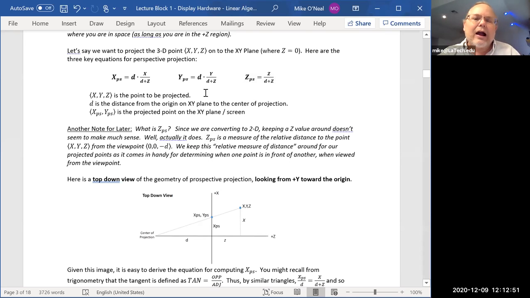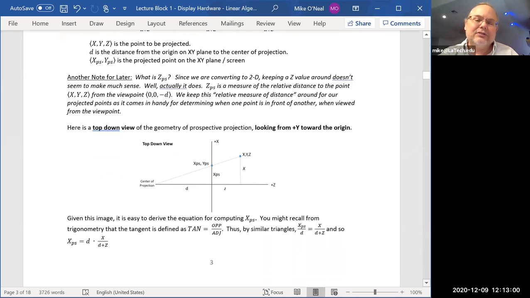So where do these formulas come from? Did they just come from the air? No, they come from these drawings and the definition of tangent. What's a tangent? If you think about our center of projection, we have right triangles here, okay? Where this is the hypotenuse, this is the base, this is the opposite, right?